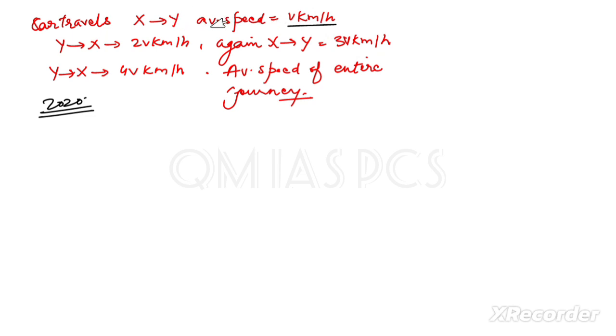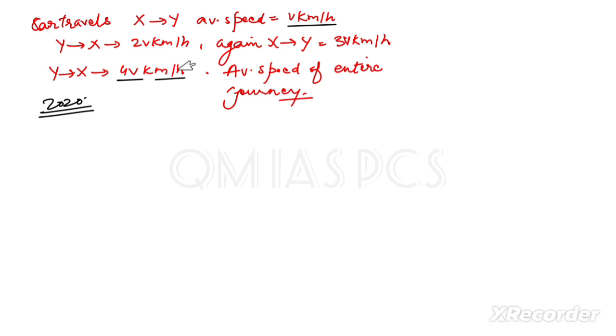Then it returns from Y to X with an average speed of 2V. Again it goes from X to Y with an average speed of 3V, then returns with a speed of 4V kilometers per hour.